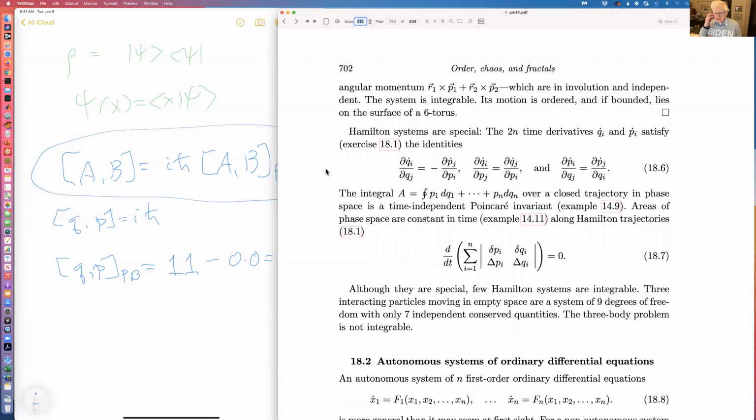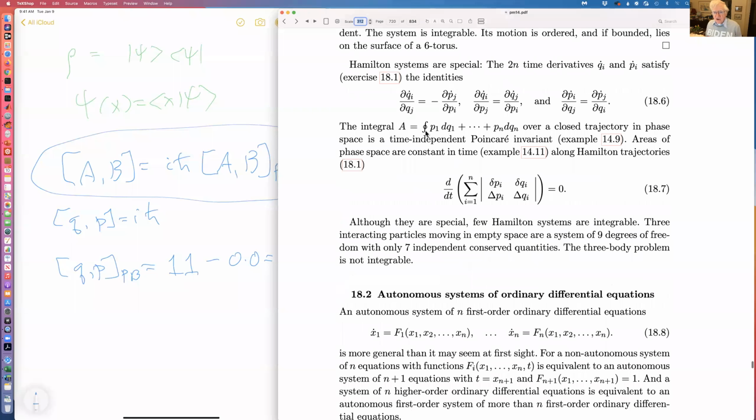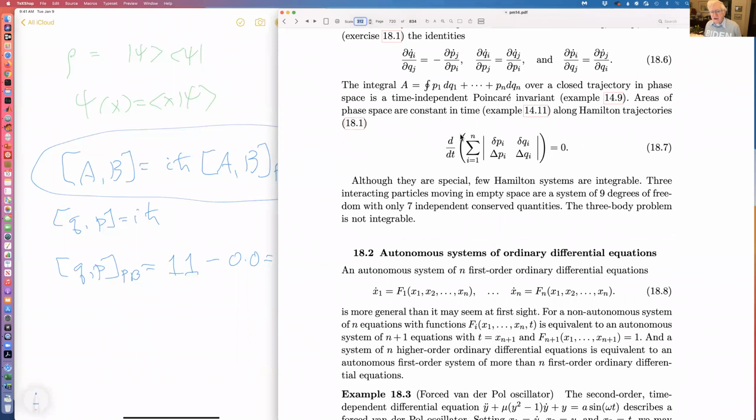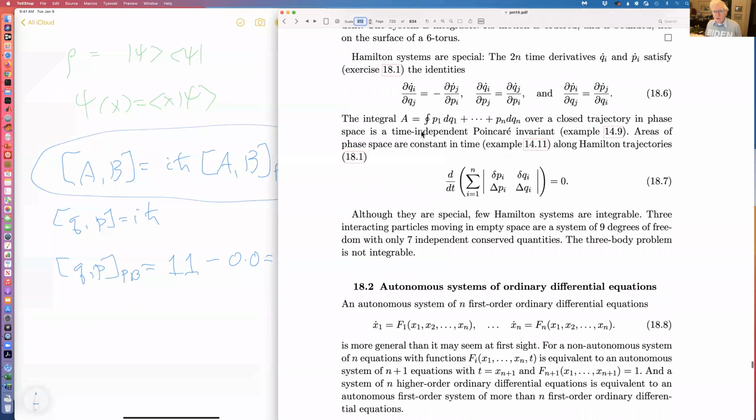Anyway, Hamilton systems are special. The time derivatives satisfy special identities, and the integral of p1 dq1 ... pn dqn over a closed trajectory in phase space is a time-independent Poincare invariant. So that's one of the nice things about classical mechanics.